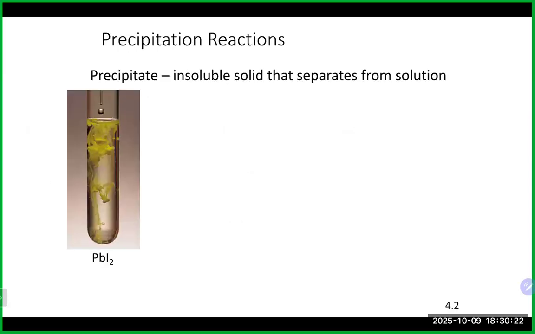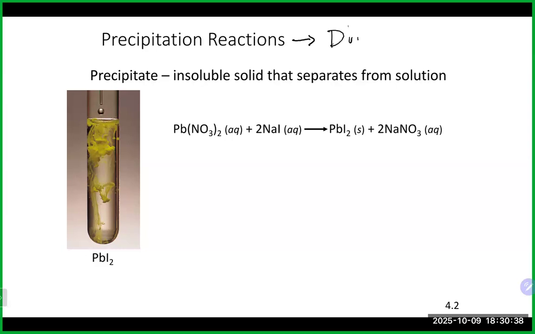Now, when we have a reaction coming together that makes a precipitate, this is sometimes referred to as a precipitation reaction. And a precipitation reaction is a more specific classification of a double displacement reaction. So remember that a double displacement reaction is the big classification. That is when we have two ionic compounds together.